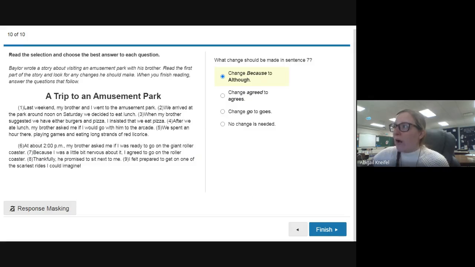So it'd be although I was a little bit nervous about it, I agreed to go on a roller coaster. Should it be because I was a little bit nervous, I agrees to go on a roller coaster? Well, this is all past tense, so it can't be present tense agrees. Should it be because I was a little bit nervous, I agreed to goes on a roller coaster? Once again, that's the wrong tense, and it's definitely not no change needed. And these two are the wrong tense. So our only option is option A.